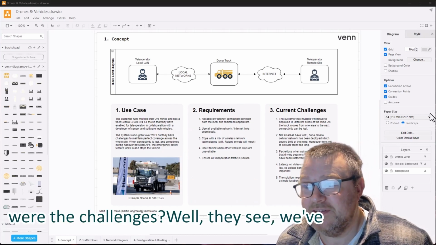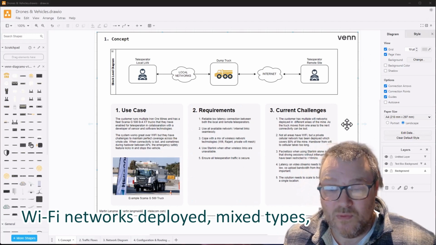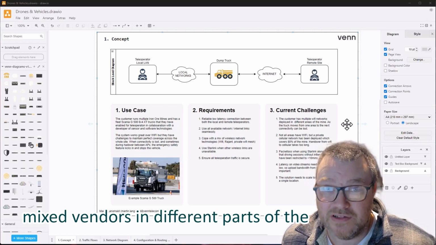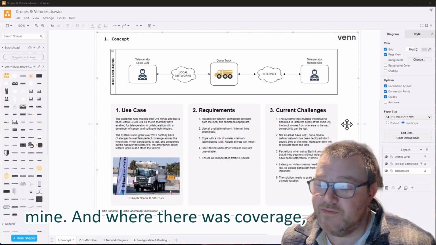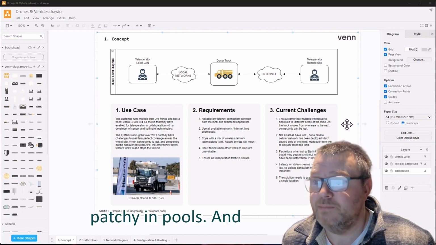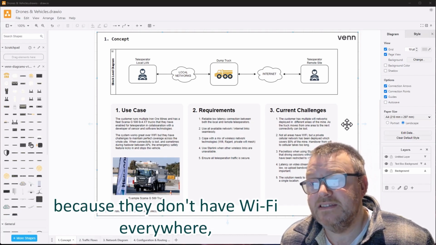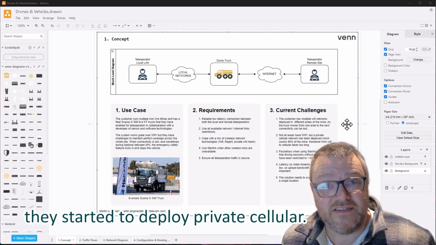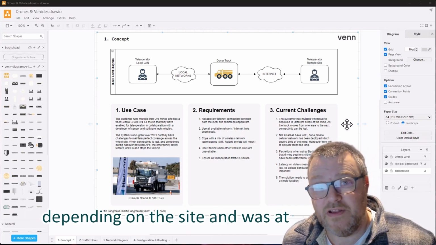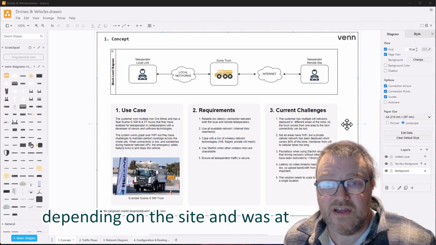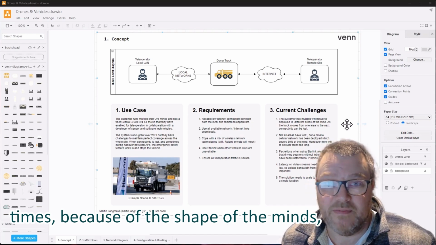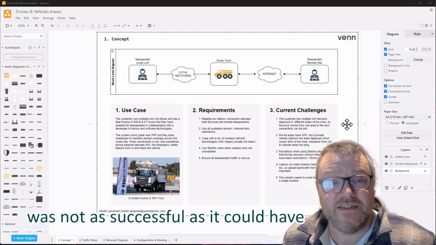Now, what were the challenges? Well, we've got them written down here. There were Wi-Fi networks deployed, mixed types, mixed vendors in different parts of the mine, and where there was coverage it was very good, but coverage was patchy in places. And because they don't have Wi-Fi everywhere, they started to deploy private cellular. The private cellular solution varied depending on the site, and it was at times hugely successful, and at other times, because of the shape of the mines, was not as successful as it could have been.